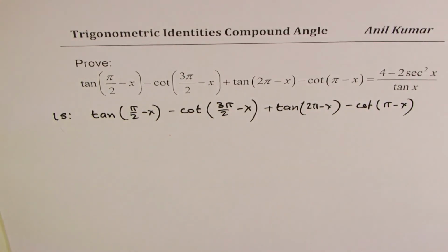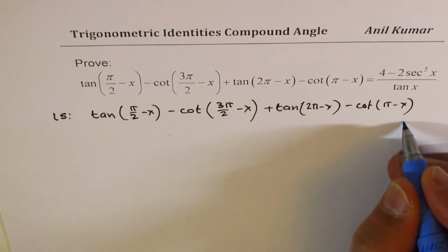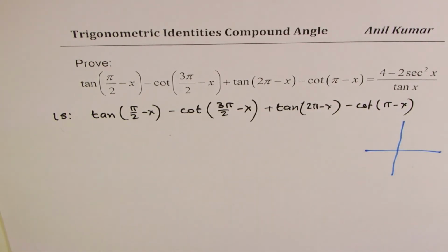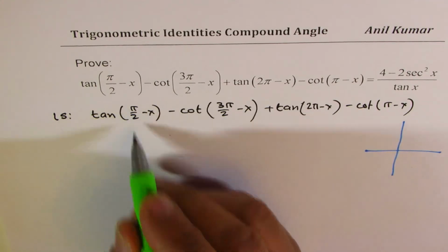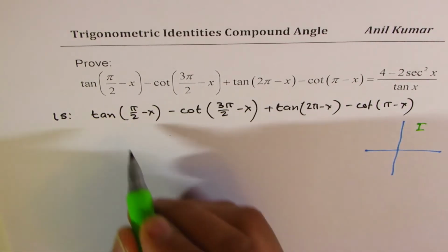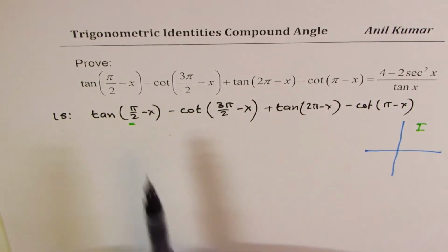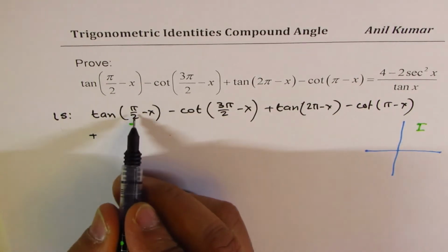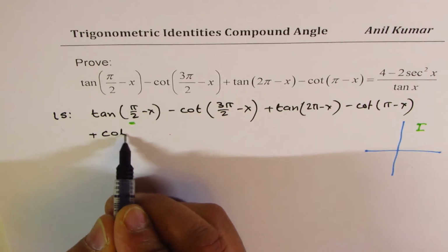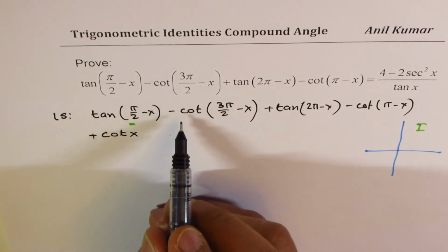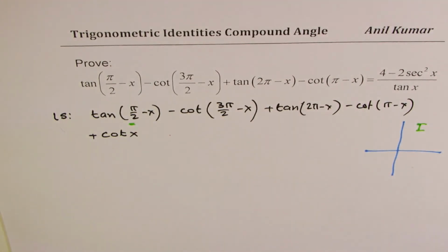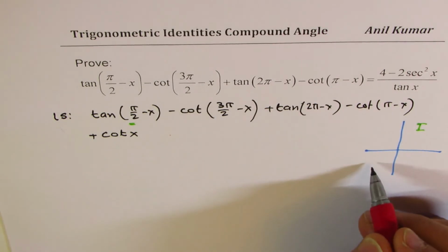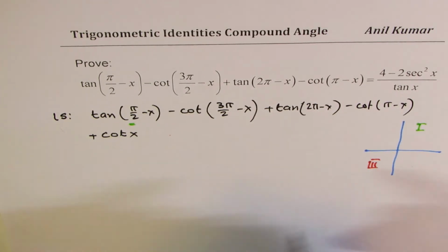Now when I say tan pi by 2 minus x, we mean that we are in quadrant 1, right? So we are in quadrant 1 for this one. In quadrant 1, all are positive. So this is positive. Cofunction, so it becomes cot. Clear? Now the second one, 3 pi by 2 minus x means we are in quadrant 3, correct?